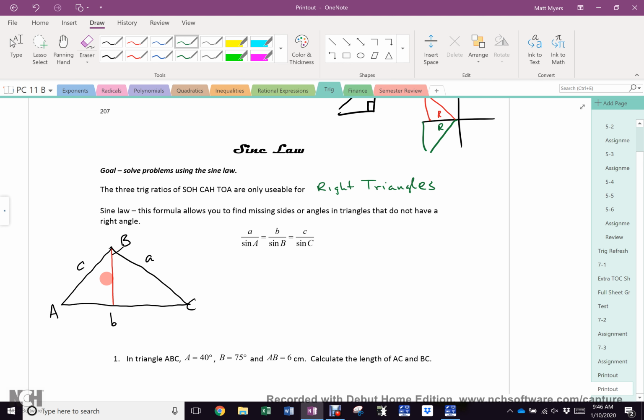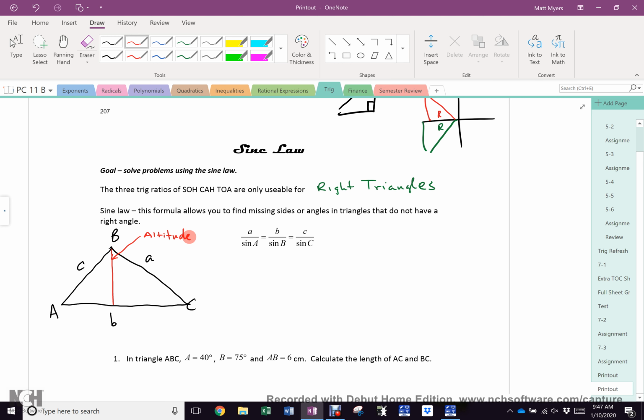Now that line has a special name. That line is what we call an altitude. And it goes from any corner of the triangle across the triangle to the opposite side and meets that opposite side at 90 degrees.